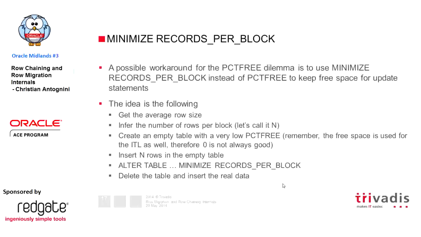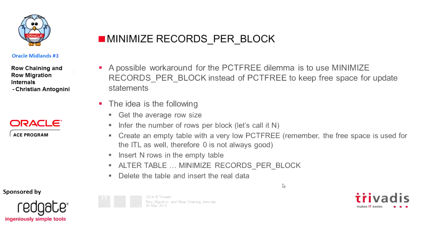Okay. So if you know that the rows are 250 bytes, you can compute, or at least estimate, how many rows you can put in one block. Let's say that you can put 20 rows in one block. So what you can do is create a table, insert 20 rows, execute alter table minimize records per block, and from this moment on, you are sure that in this table, every block can have at most 20 rows.